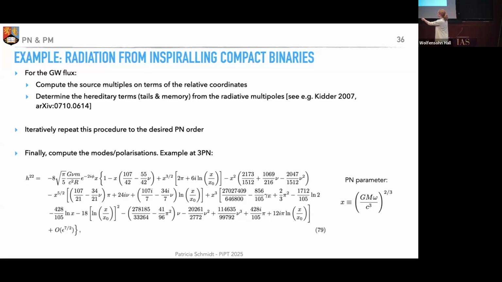And our position, and here we have the post-Newtonian expansion parameters, which contains the frequency. And of course, for the frequency, I had to also solve before from the evolution equations. So it's this complicated, connected system of equations that you need to solve simultaneously in order to get to your final result. And that's the example here for a non-spinning circular binary at 3PN.